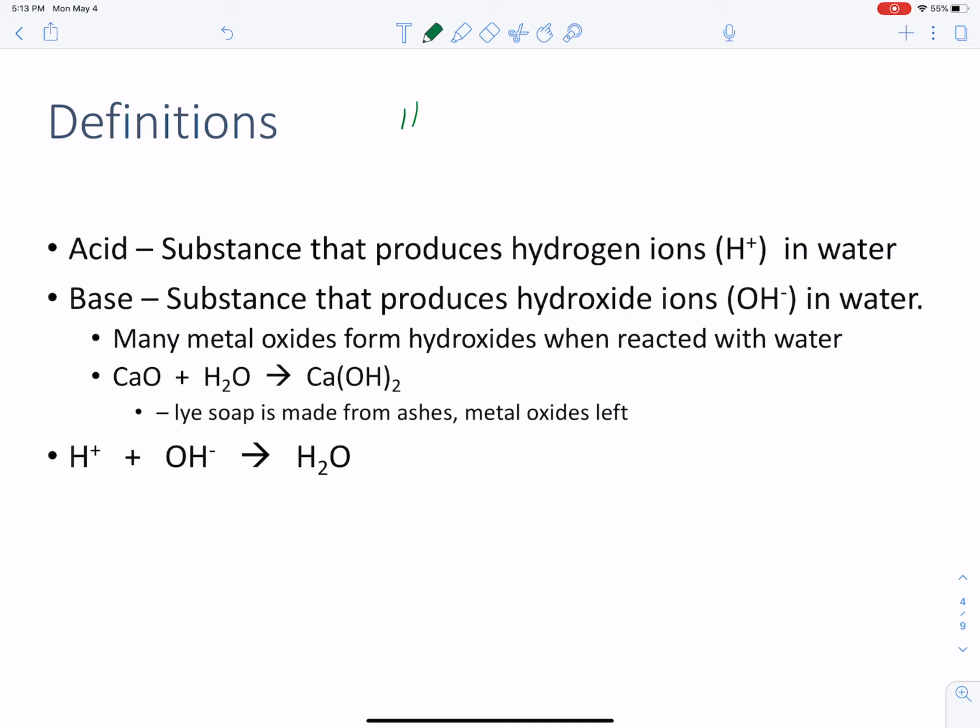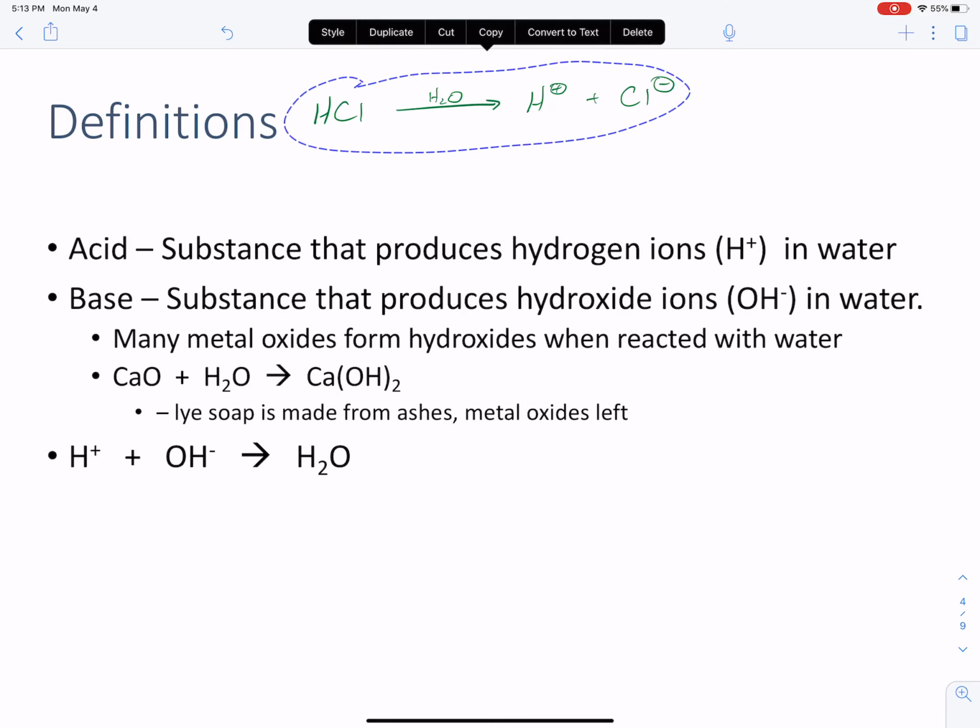HCl, we've already defined and called an acid. HCl in water, when we dissolve it in H2O, will produce H plus and Cl minus. So it produces the hydrogen ions in water. Interestingly, what it really does is divide up the HCl.